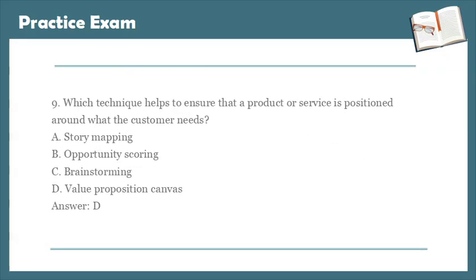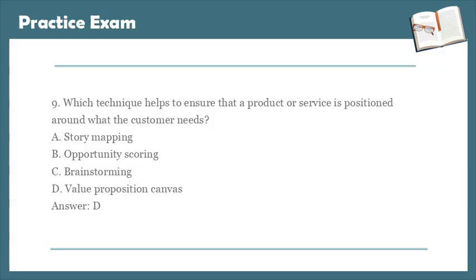9. Which technique helps to ensure that a product or service is positioned around what the customer needs? A. Story mapping. B. Opportunity scoring. C. Brainstorming. D. Value proposition canvas.